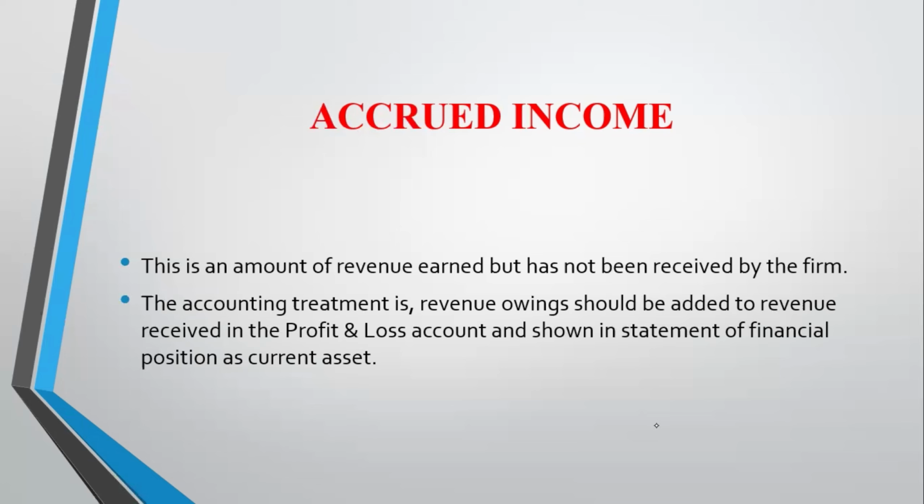That is based on the accrual concept. It has not been received, but we still need to record it. Since it is the matching principle, we still need to record it in that particular year. So that is the accrued income.